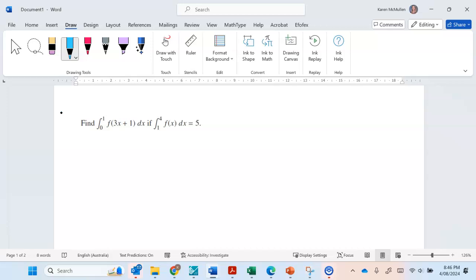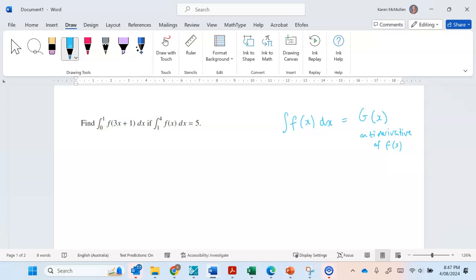Before I make a start, let's just have a look at the relationship between the antiderivative and the derivative. So usually we use capital F. Actually, I'm going to use G because in your textbook they use G, but other textbooks use capital F. All right, so g of x is your antiderivative of f of x.